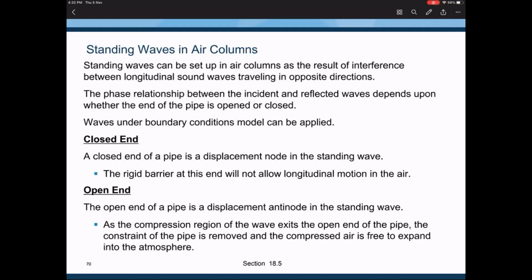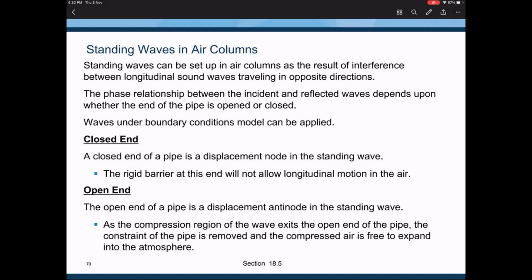So there are two specific scenarios. One is the air column that has both ends closed. Well, that sounds actually quite strange because you would not be able to introduce any vibrations. So that is actually not existent. I'm joking.